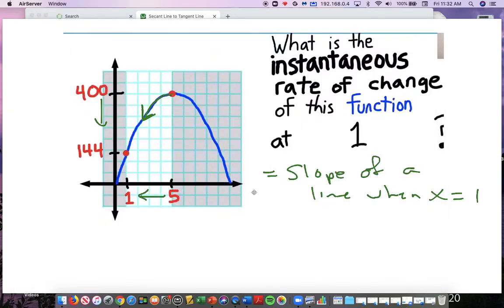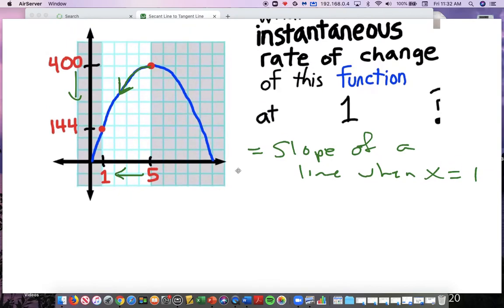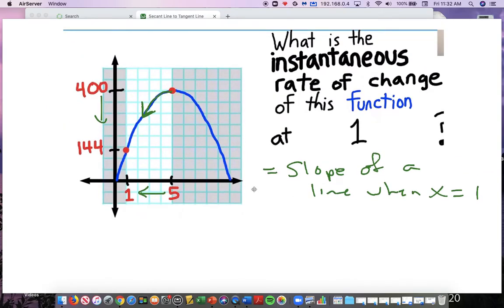So this idea of the instantaneous rate of change. The idea of this instantaneous rate of change is we're looking at the slope of a line, and really this line that we're looking at is not just a line, it's a tangent line, right? It's a tangent line when x equals 1.